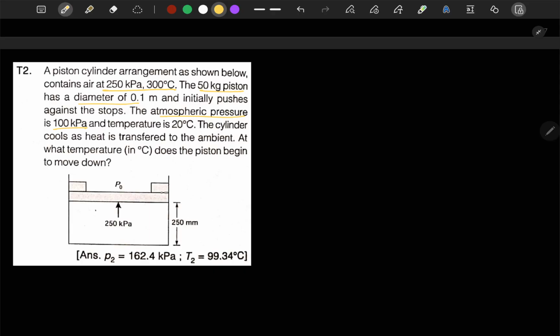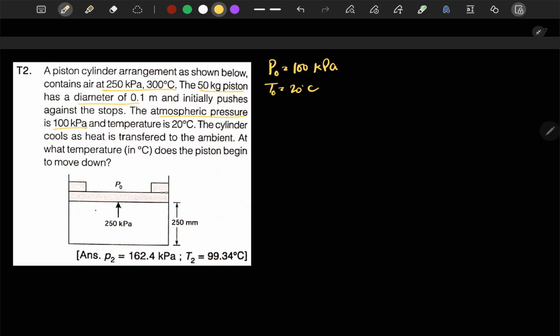So it is given that P naught is equal to 100 kilopascal, and the ambient temperature is equal to 20 degrees Celsius.